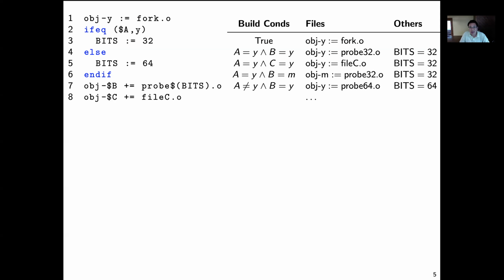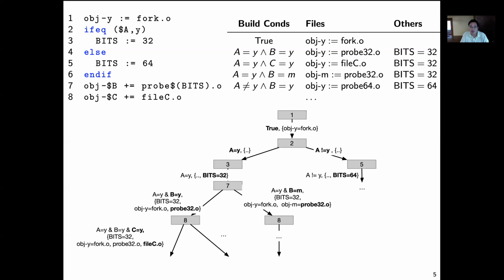You can see that it captures how these files are included in the kernel. For example, for any configuration, fork.o would be included. And when the condition is A and B are true, then we'll have fork.o as well as probe32.o. And this is a traditional symbolic execution tree generated from symbolic execution to collect these build conditions.